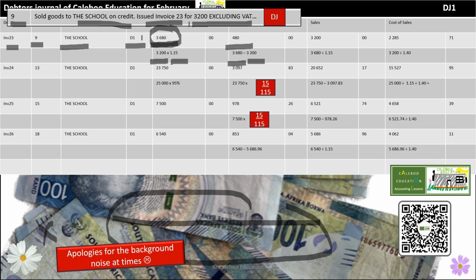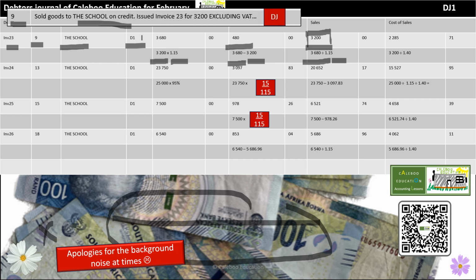And if I now want to get the sales figure, it must exclude VAT. I say the inclusive amount divided by 1.15, or you could just fill in that amount from the details of the transaction.